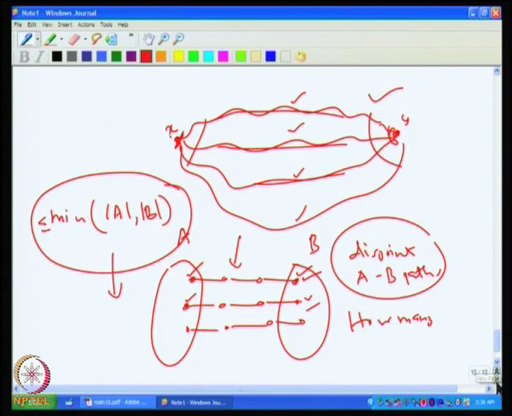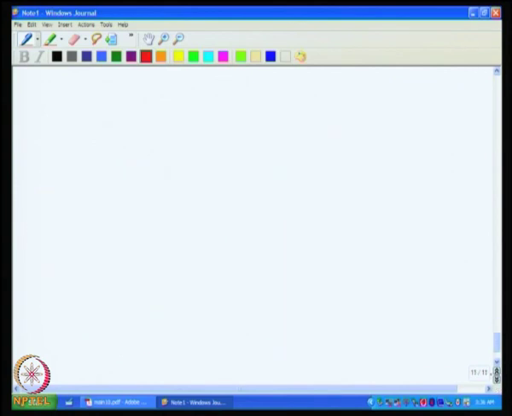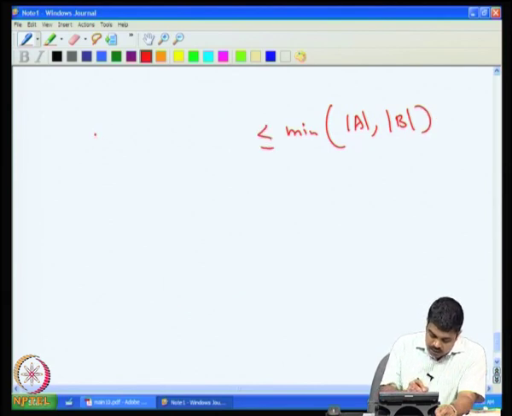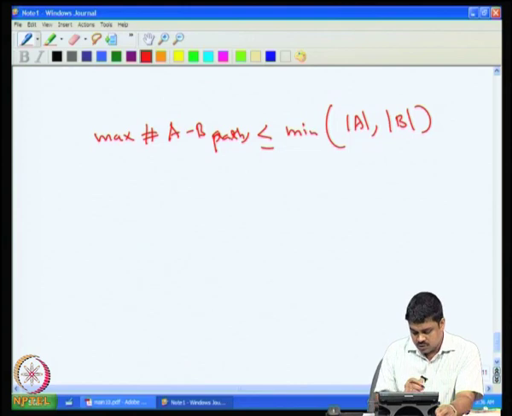As I said, the minimum of the cardinality of A comma B is an upper bound for the maximum number of disjoint AB paths, because each AB path will take away one vertex from A and one vertex from B. So when one of them finishes, we won't get any more.